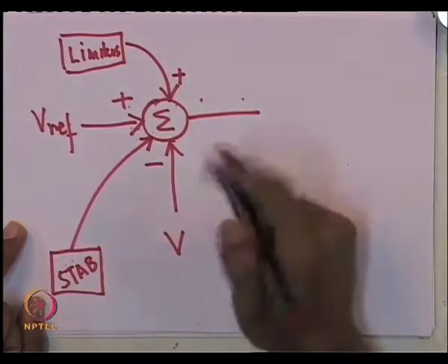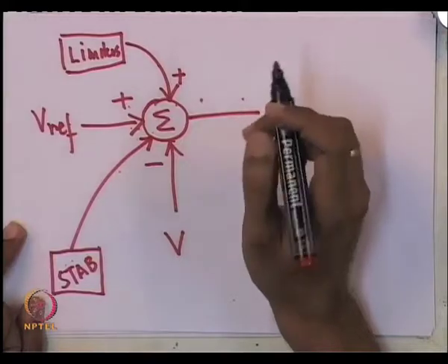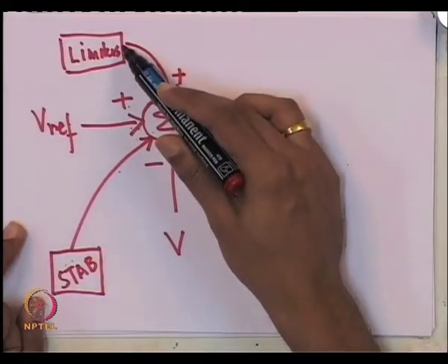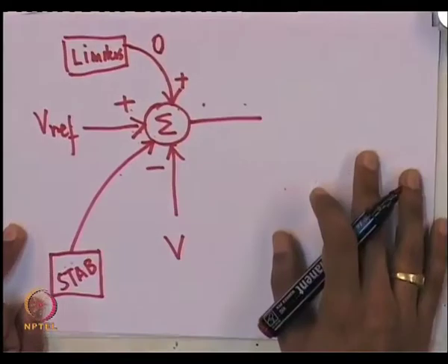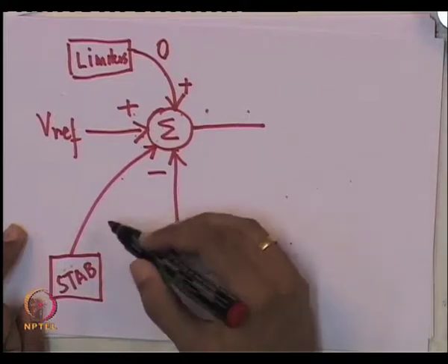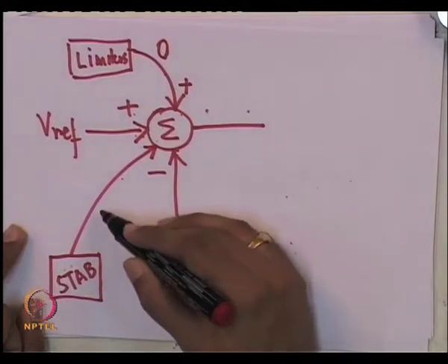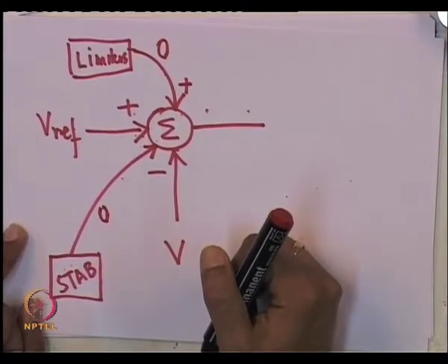Now, one of the important things about limiters and stabilizers, which you should be very clear about, is that limiters normally give 0 output if the machine has not hit any limit. Okay. Similarly, a stabilizer gives 0 output when the machine is in steady state. Okay.